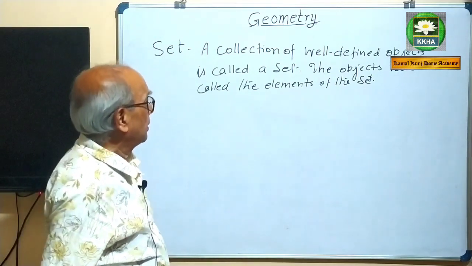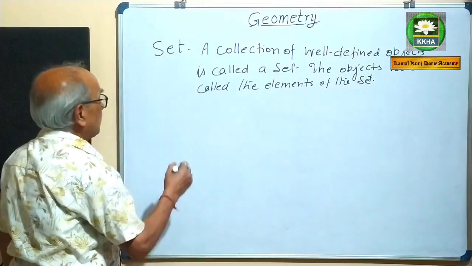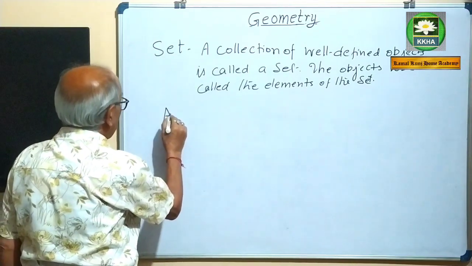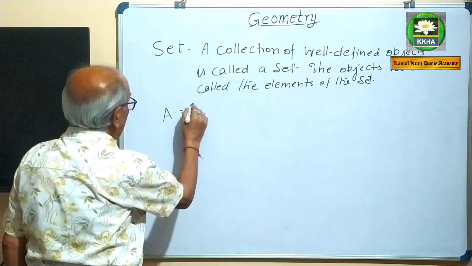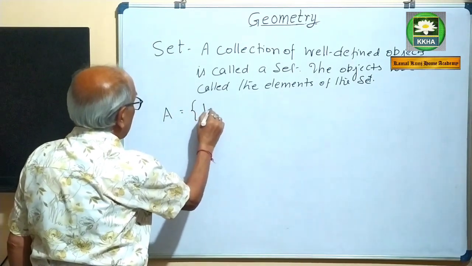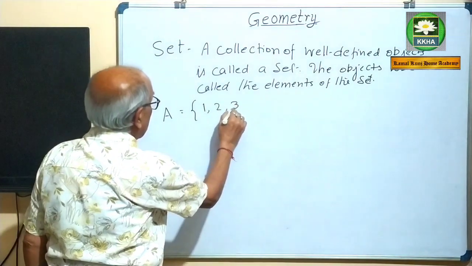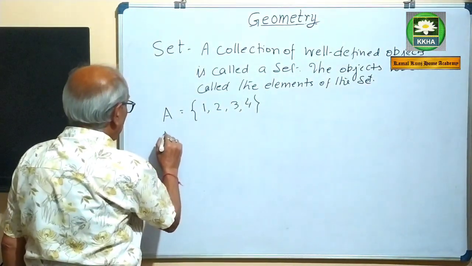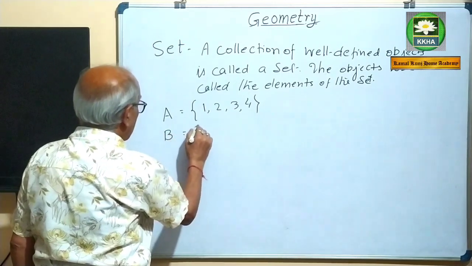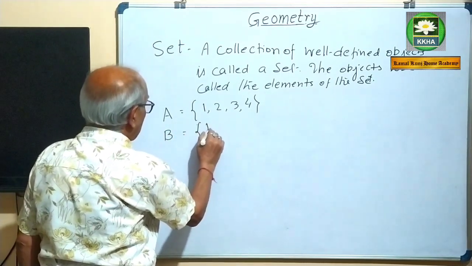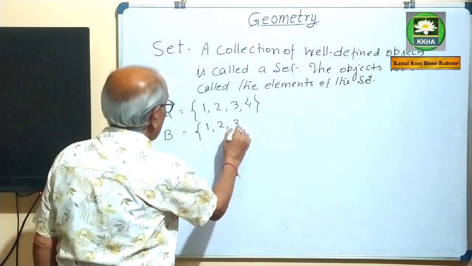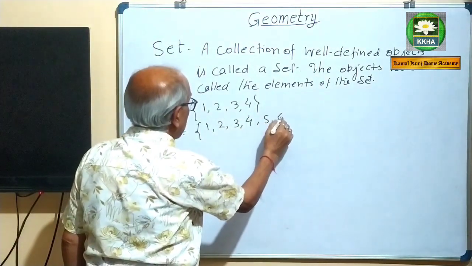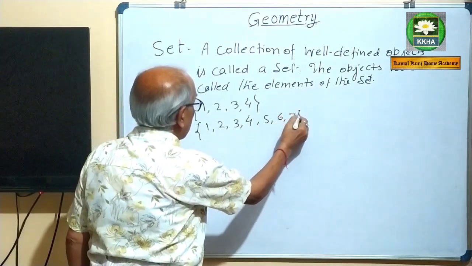For example, let us take set A whose elements are 1, 2, 3 and 4. Another set B, the elements are 1, 2, 3, 4, 5, 6, 7.